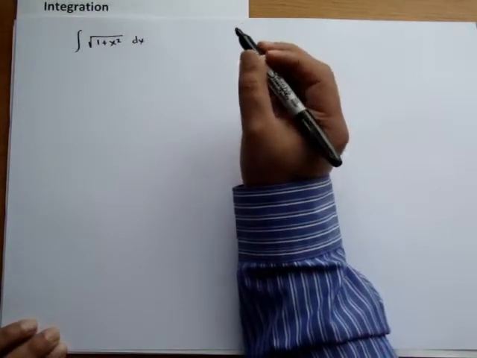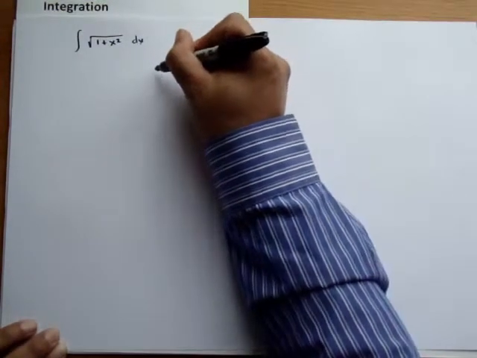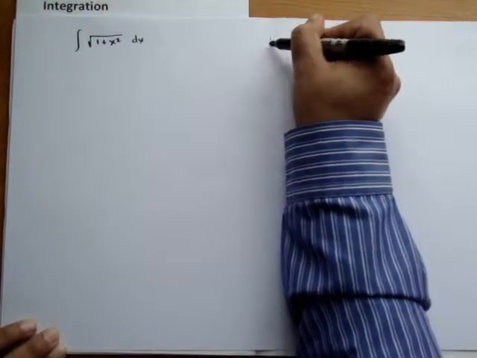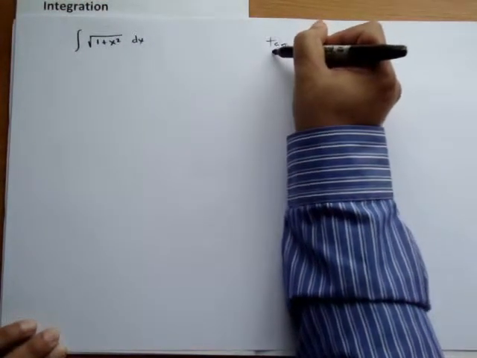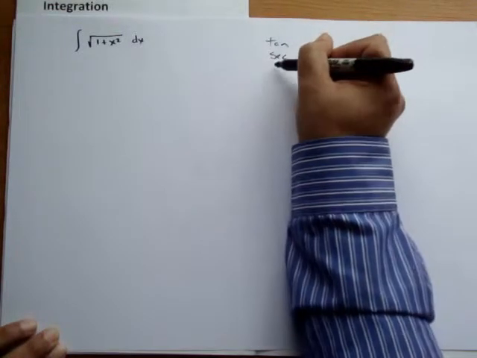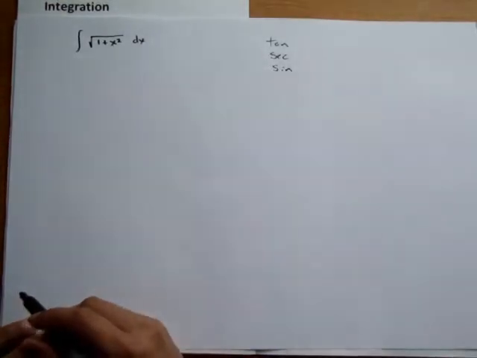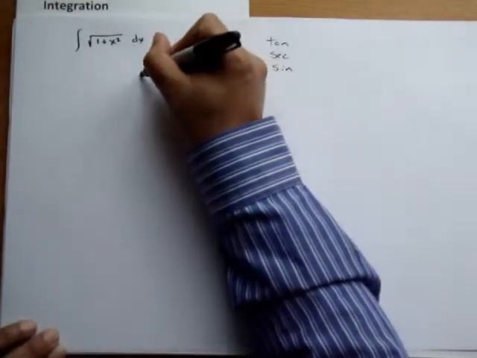Now the thing to do is draw our reference triangle to see which one of our tan, sec or sine substitutions we're going to use. We'll draw our right angle triangle.